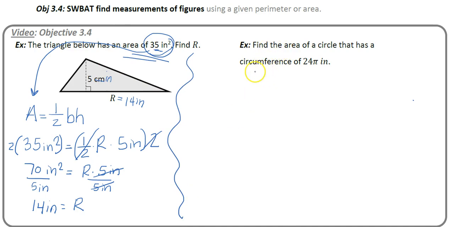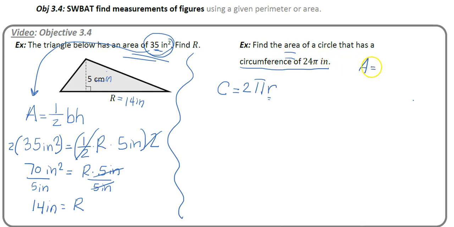we're given the circumference of a circle, and we're asked to find the area. So let's see, circumference is 2 pi r. You could use pi times diameter, but I like 2 pi r because I'll end up solving for radius instead of diameter, and I know I need radius in the area formula.